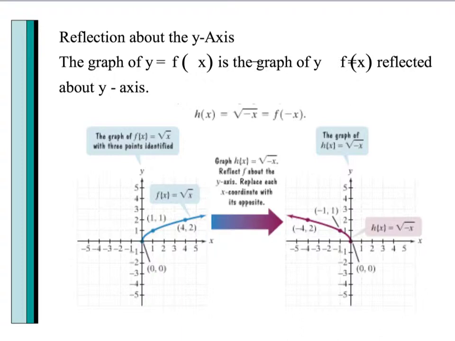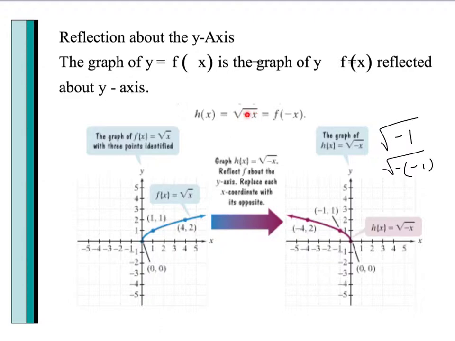So when we put the negative inside the square root, it reflects it over the y-axis. Well, think about what's going to allow you to take the square root. If you have the square root of negative 1, you can't do that if you're substituting 1. But the moment you substitute negative 1 into that, now you can take the square root of that, right? That's 1. And that's why your point is reflected over here.